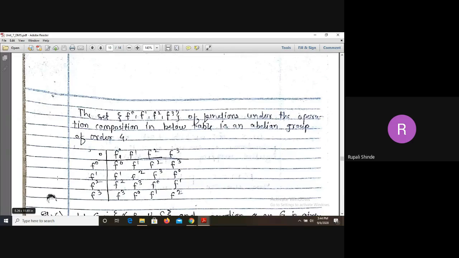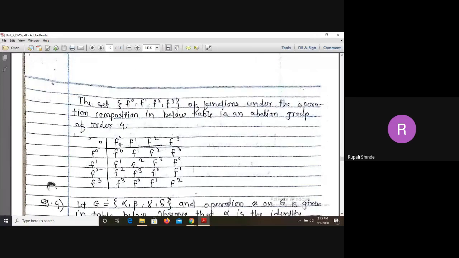We have seen what is the definition for order of group. Because the number of elements here in this set is 4. That's why order is 4.